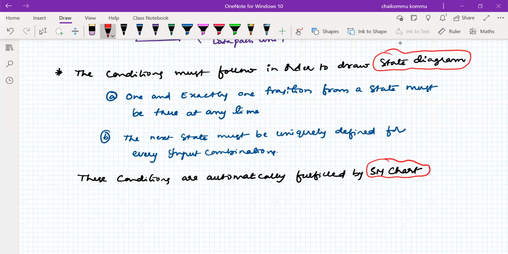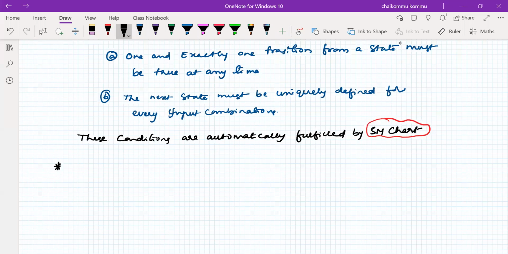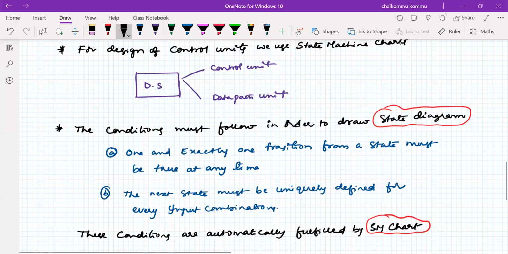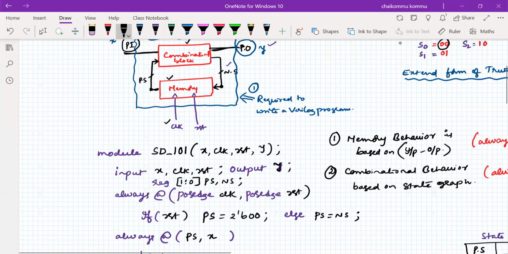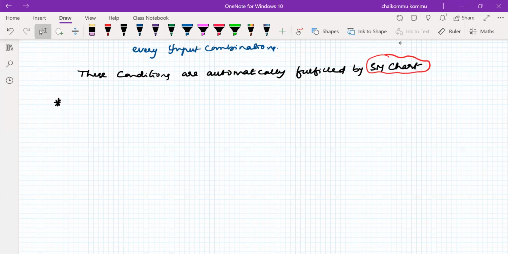Okay, fine. Next, what are the components whenever you are drawing the state diagram? So far you have seen the round circles that we have used here. The state diagram consists of round circles. But what are the different components that we use in order to construct an SM chart?